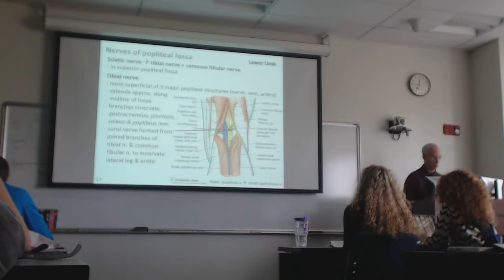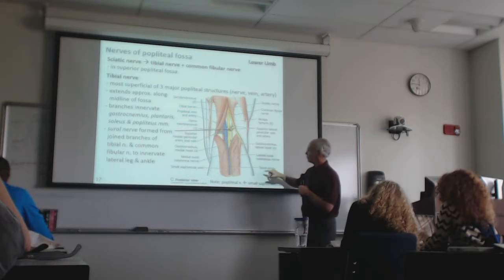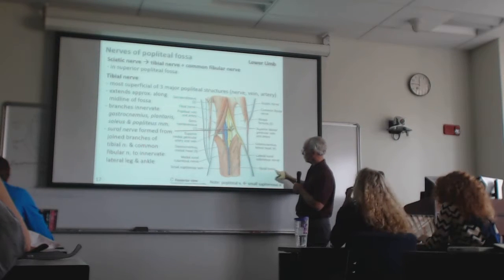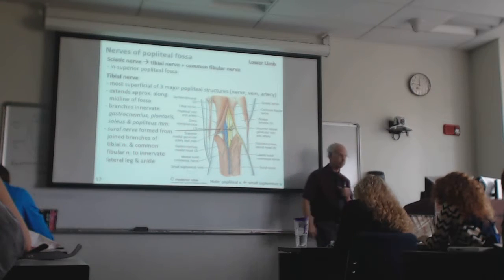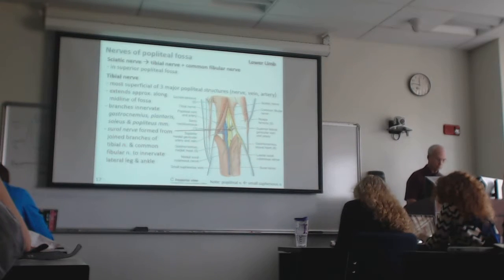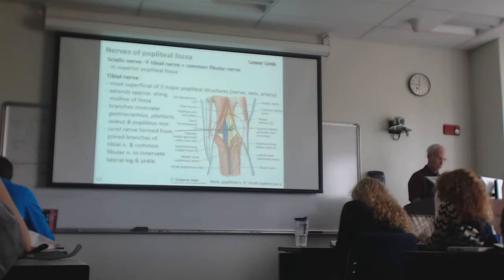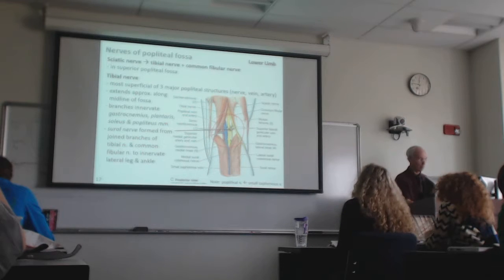But in any case, just for the purpose of simplification, we're going to say that the sural nerve branches from both the fibular and the tibial. And then notice, again, the relative relationship of those important structures in the popliteal fossa. You can see the popliteal artery most deep, popliteal vein superficial to that, and then usually you have the neural structures that are most superficial.